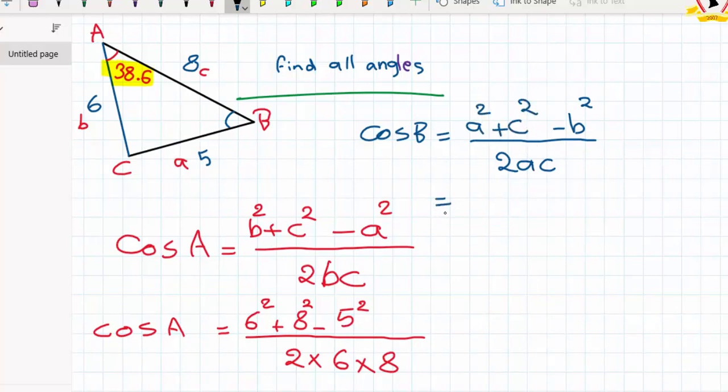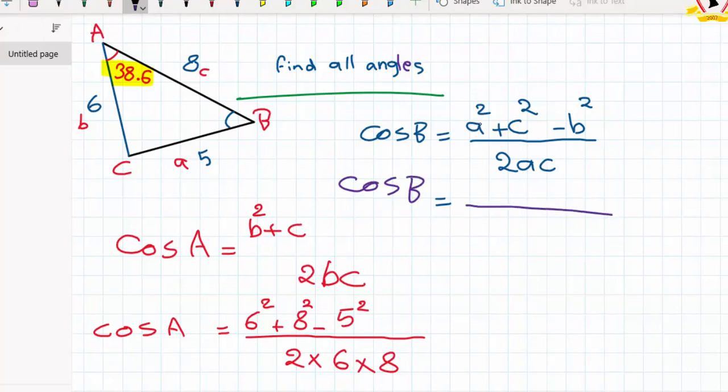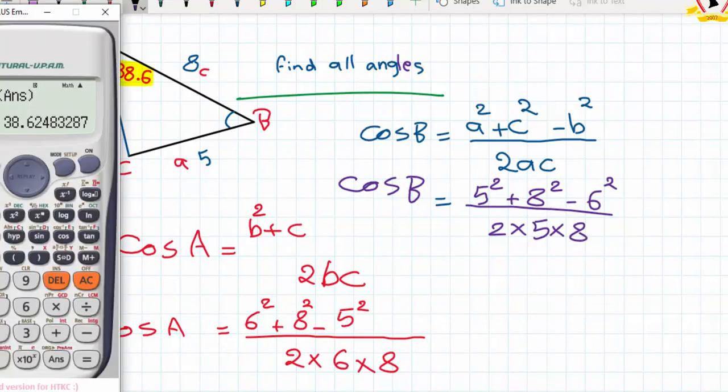Easy. Now let's substitute. B is not given, so it stays as cosine of B. Cosine of B is equal to, A is 5, it will be 5 squared, plus C is 8, 8 squared, minus B is 6, 6 squared, over 2 times 5 times 8, which are A and C. Now we need calculator.